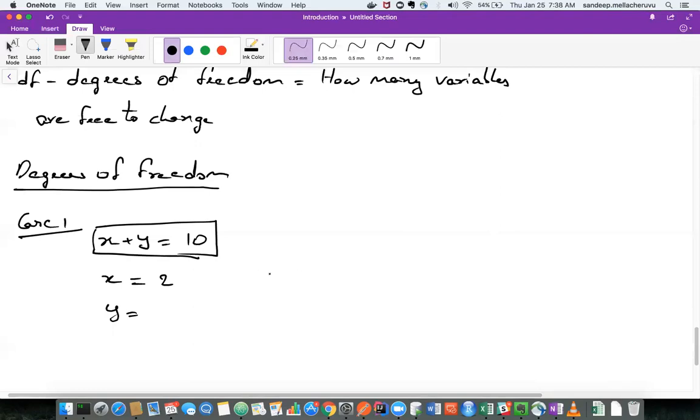Let's take another case where you choose y, again any number you like. Say y is 5. Again, can you choose x? No. So if you choose one of the variables and you have to follow this condition, the second variable is fixed.